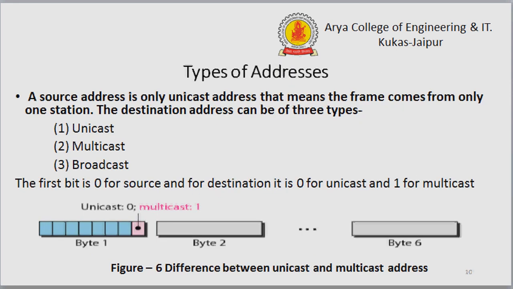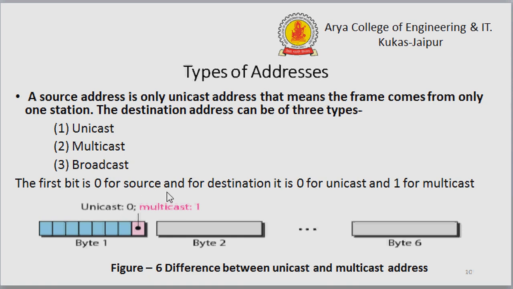Now the types of addresses. A source address is always a unicast address. That means the frame comes from only one station. The destination address can be of 3 types: unicast, multicast and broadcast.